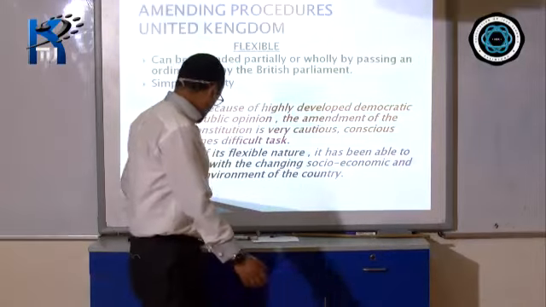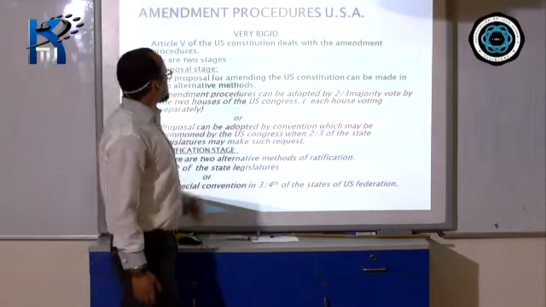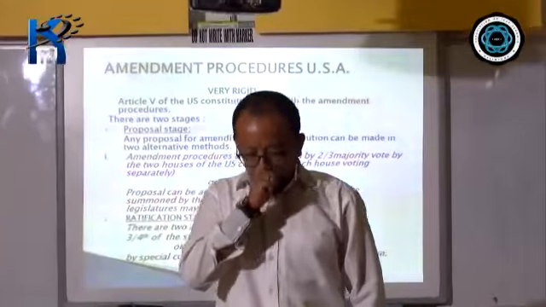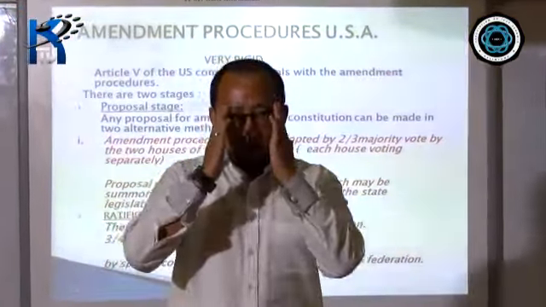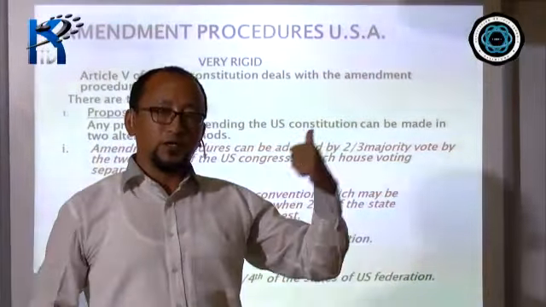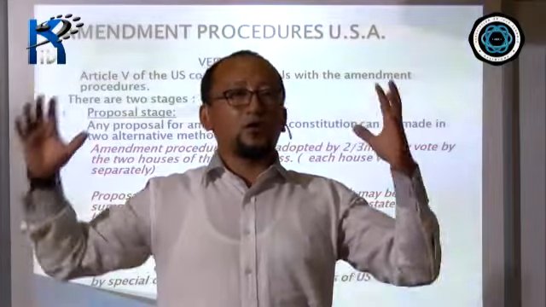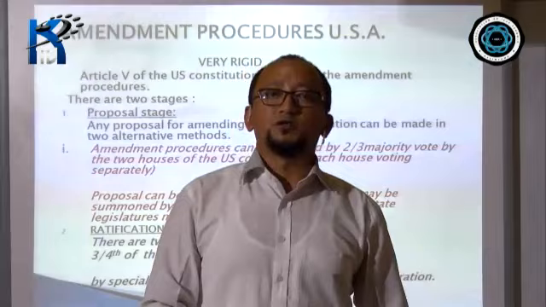Now let's go into another procedure, that of the United States of America. I hope you children are okay with the UK. Now, in the United States of America, the Constitution is a written Constitution as well as a rigid Constitution.